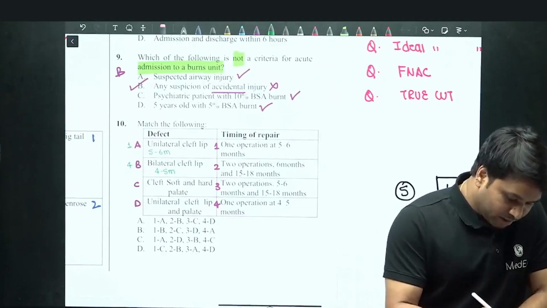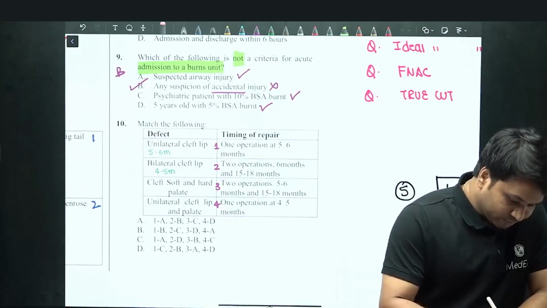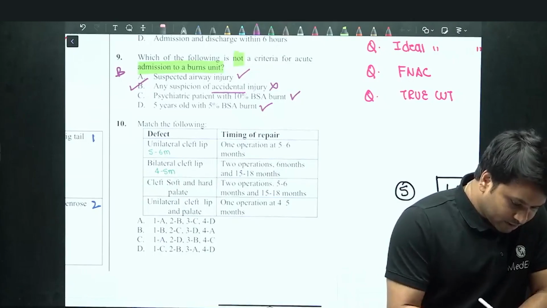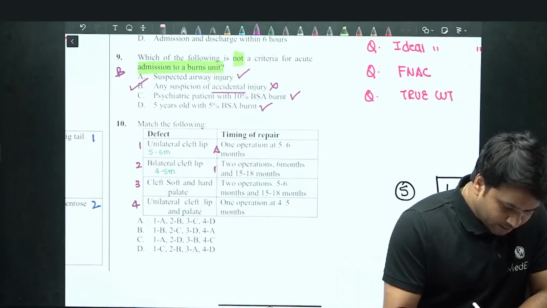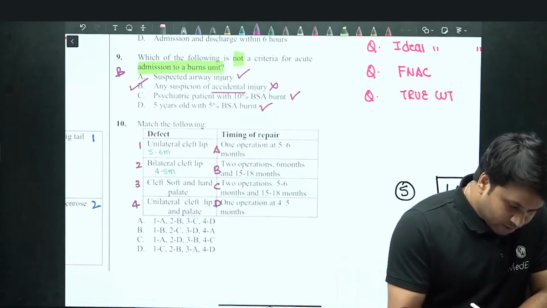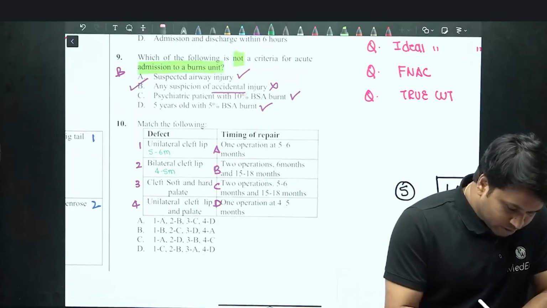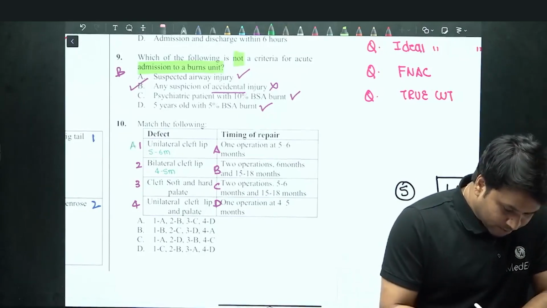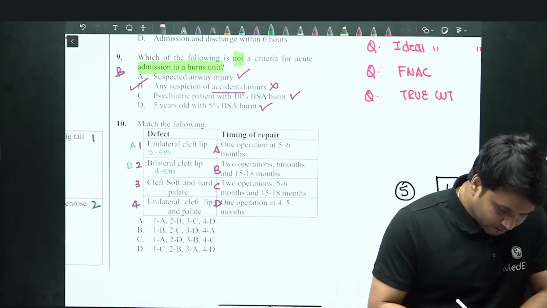I think the numbering is going to be different. Okay, I have to change here. So I think this is 1, 2, 3, 4. This is A, B, C, D. Now let's see. Unilateral cleft lip, single operation. So 1 is A. Bilateral cleft lip, it is D. 2D again.